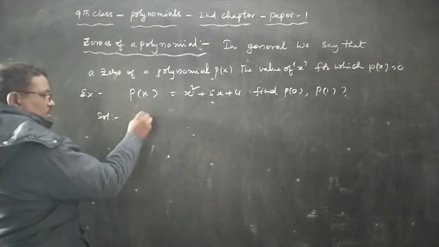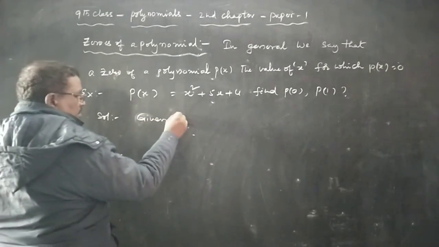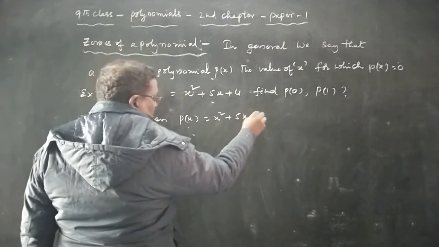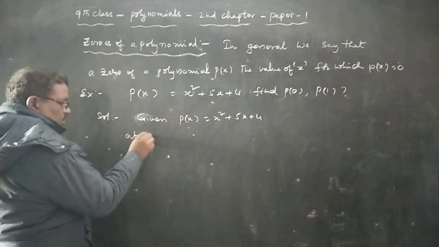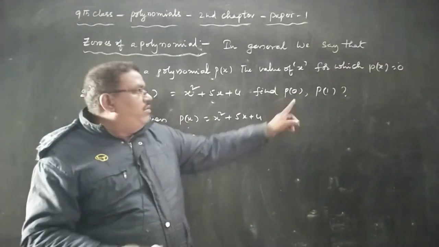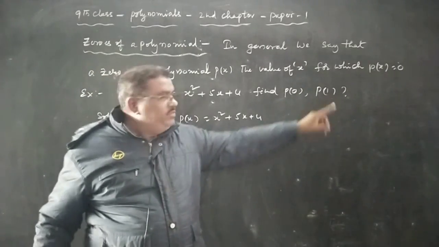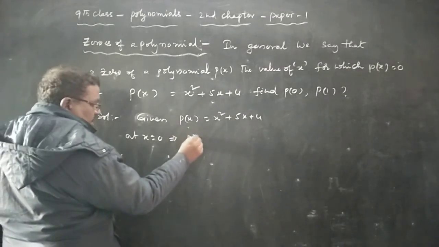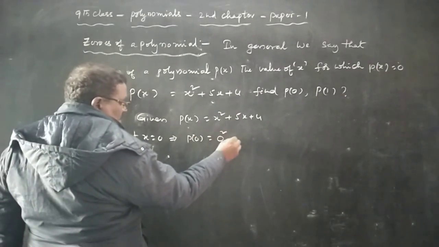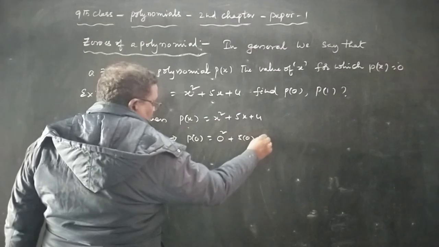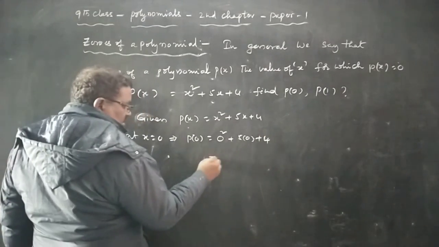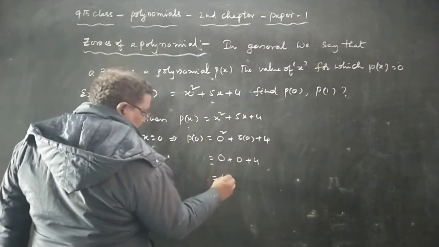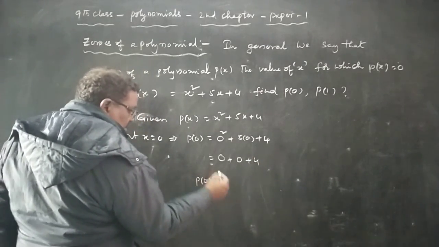Given polynomial P of x is equal to x square plus 5x plus 4. Take x equal to 0. Why? Because here we need to find P of 0 and P of 1. So, at x equal to 0, P of 0 equal to 0 square plus 5 into 0 plus 4. Simple substitution, that is 0 plus 5 into 0 is nothing but 0 plus 4, which is 4. P of 0 equal to 4.